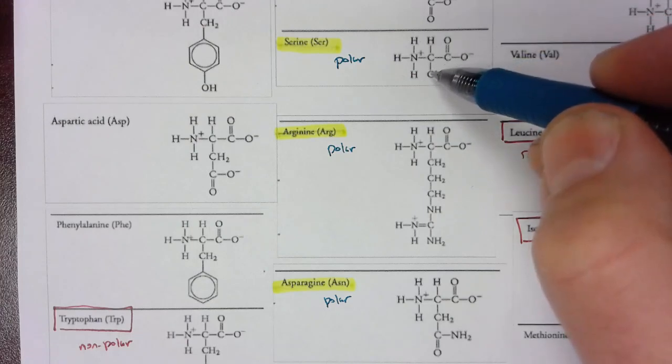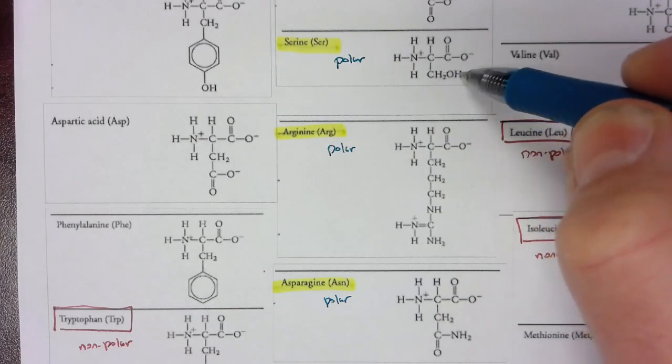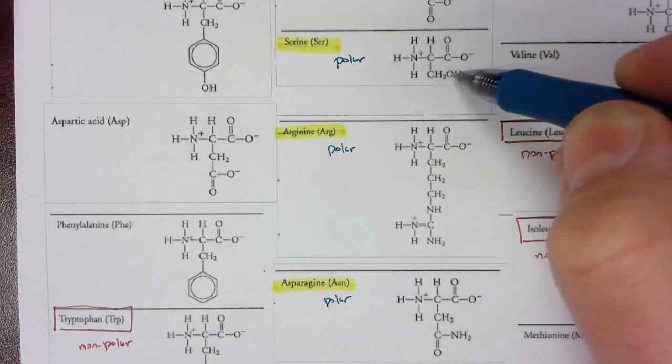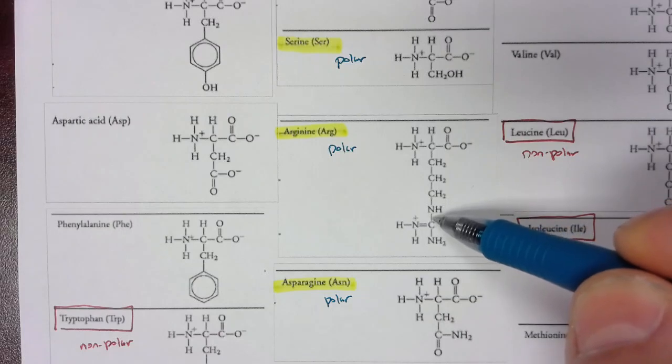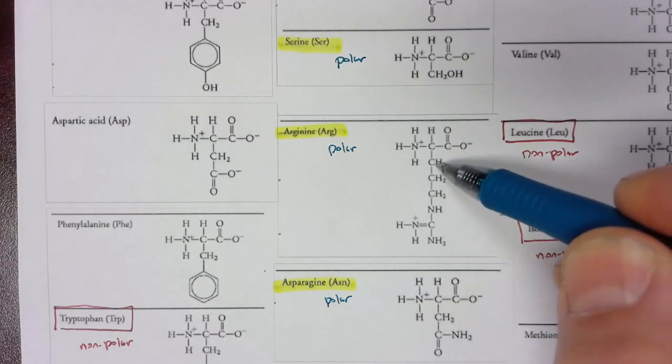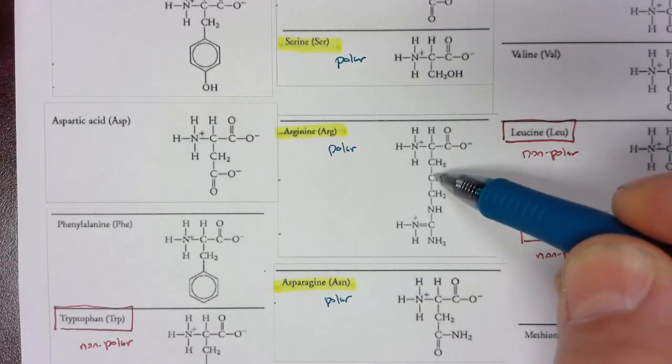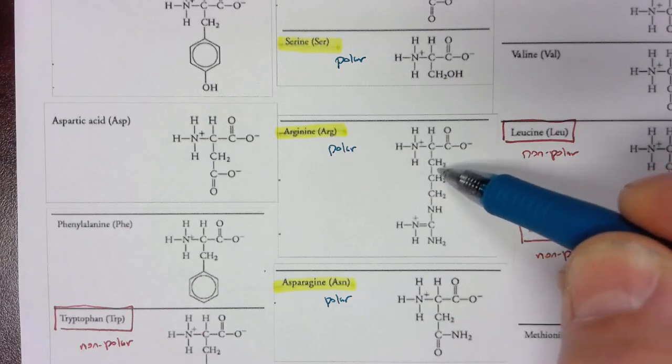So you can see here in the R group of serine, there's a C, then 2 H's, and an OH. And the OH bond is polar, and the CO bond is polar. So that's why serine is polar. Arginine has several polar bonds in its R group. There are lots of nonpolar bonds. You can see CC bonds and CH bonds. These are all nonpolar.